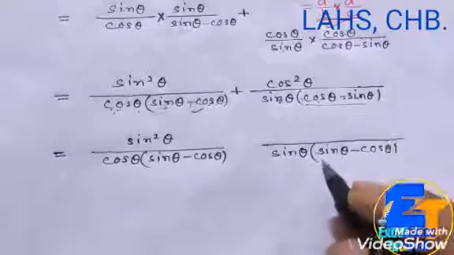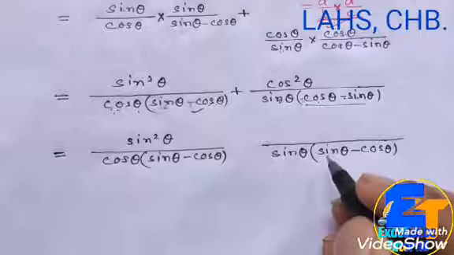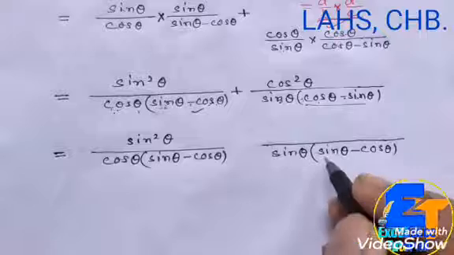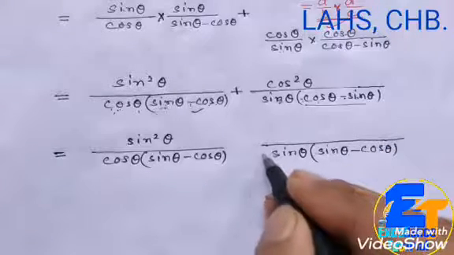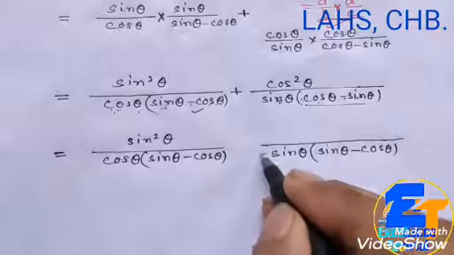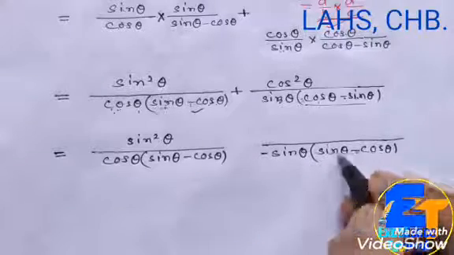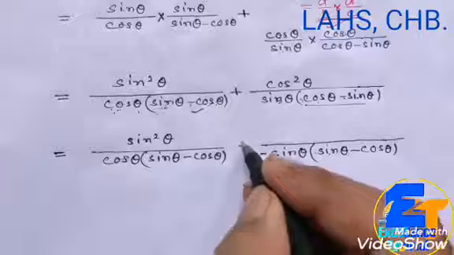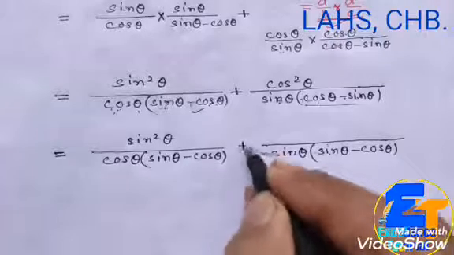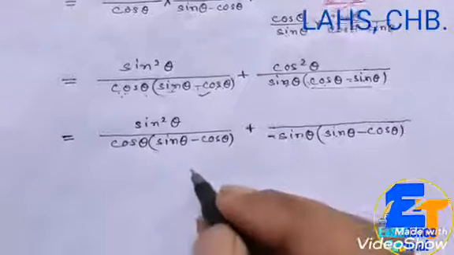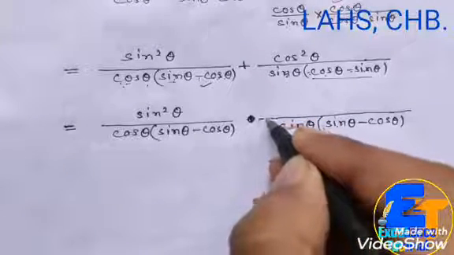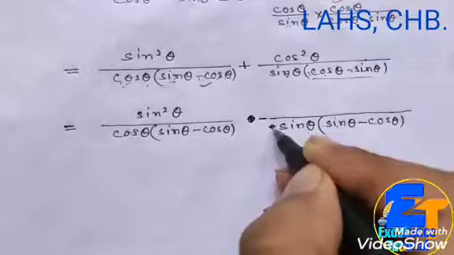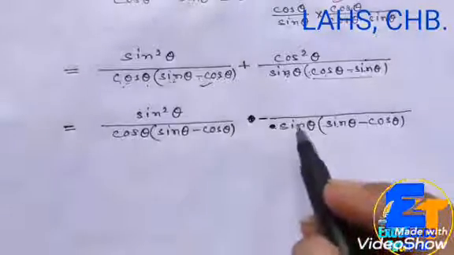That means what we did here, we have changed the sign of the trigonometric ratios which exist within the bracket. So if you are changing the sign, don't forget to write a minus sign here, because you have changed the sign of these two ratios. So this and plus. Now see, plus minus as a whole will become minus. So directly we can write here a minus sign, then no need of showing this sign.